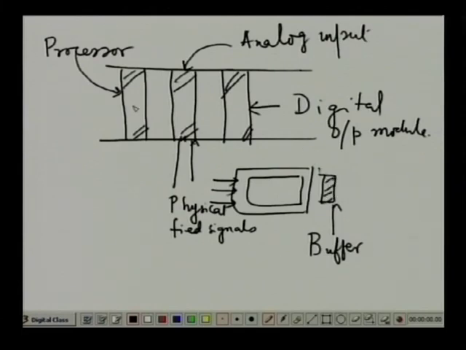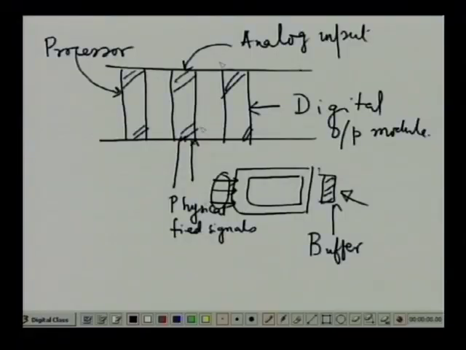When the processor module reads an input, it does not read these physical signals, it actually reads these buffer values, which are continuously kept in the buffers by the IO cards. These IO cards often work under the control of the processor, or they may work independently, cyclically by themselves.